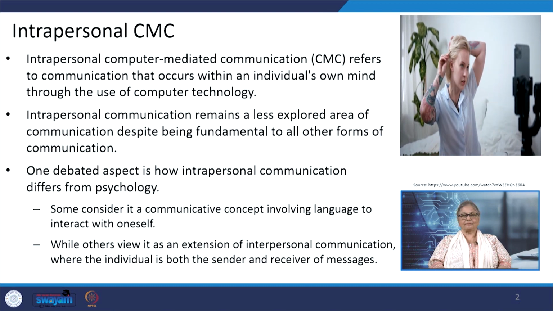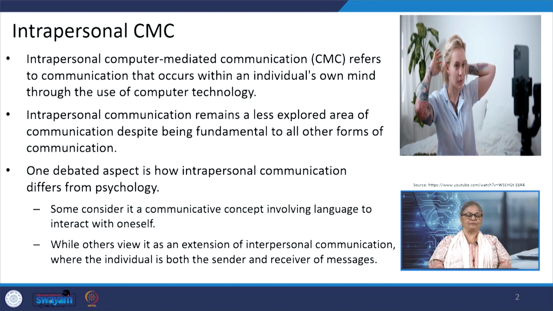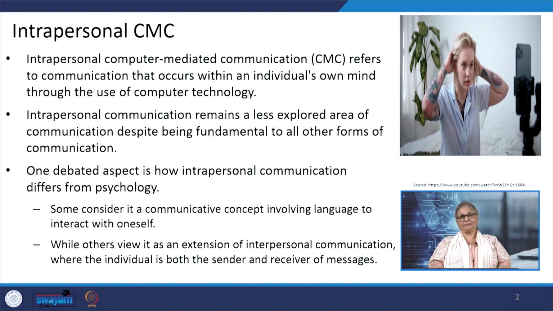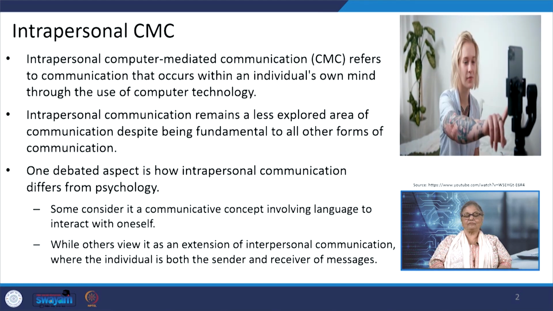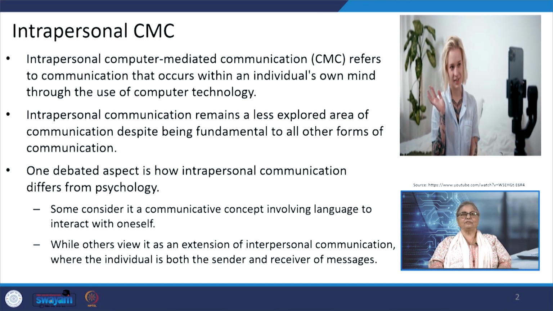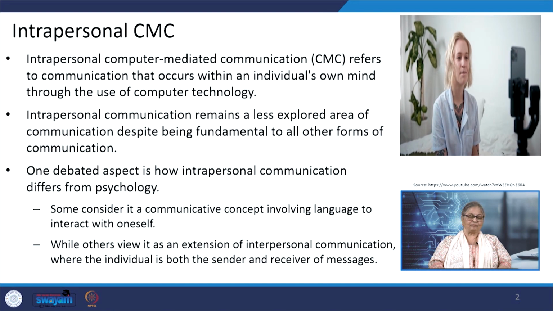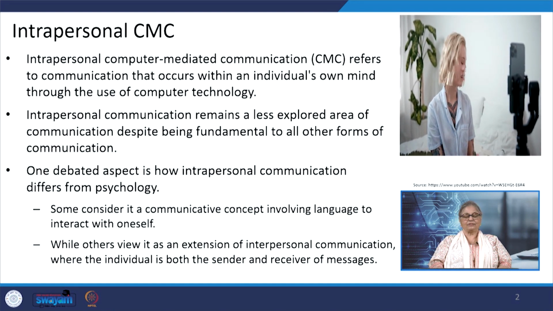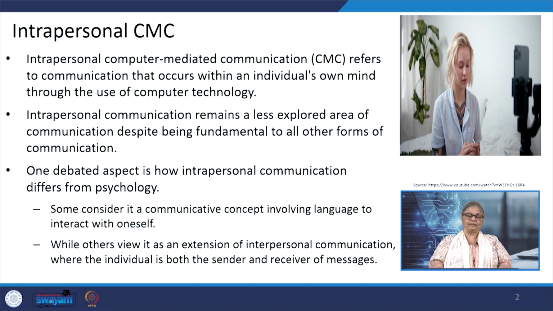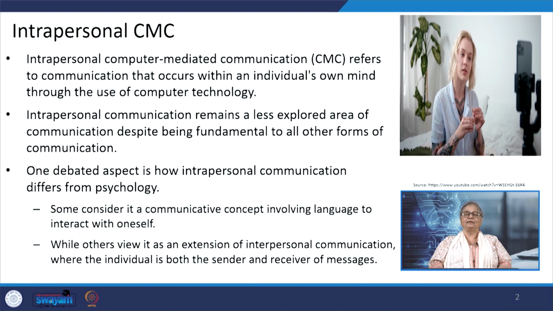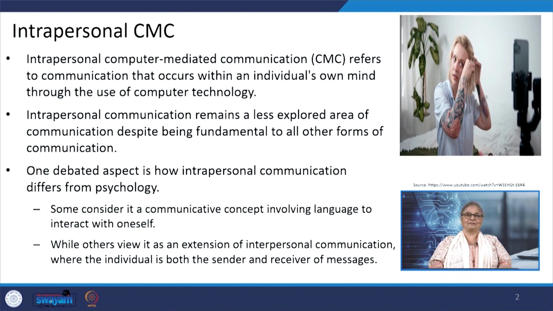One debated aspect is how intrapersonal communication differs from psychology. Some critics consider it as a communicative concept involving language to interact with oneself, while others view it as an extension of interpersonal communication where the individual is both the sender and receiver of messages.